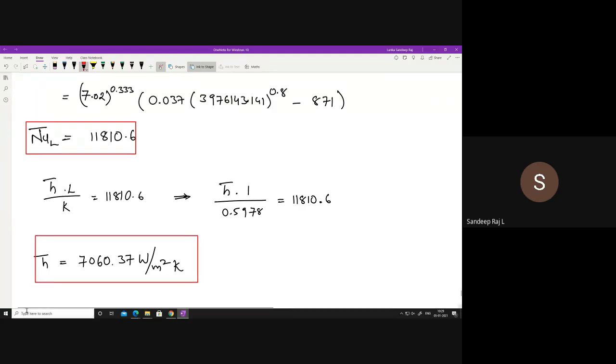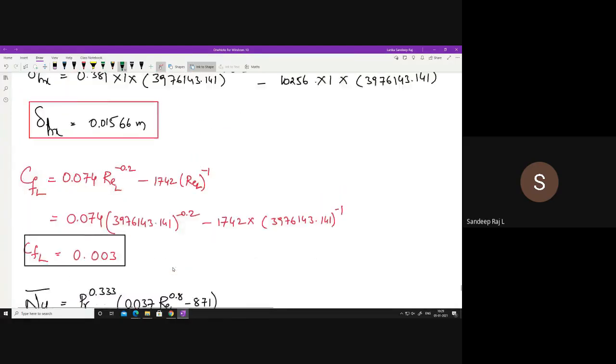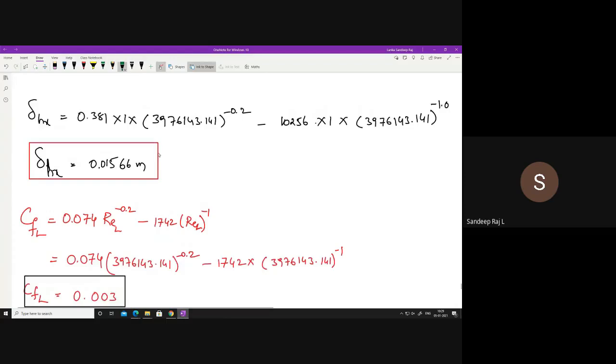Now, what we will do, we will compare the values that we have got in the previous problem. In the previous problem, we have done for delta Hx, fully turbulent. What is the value?